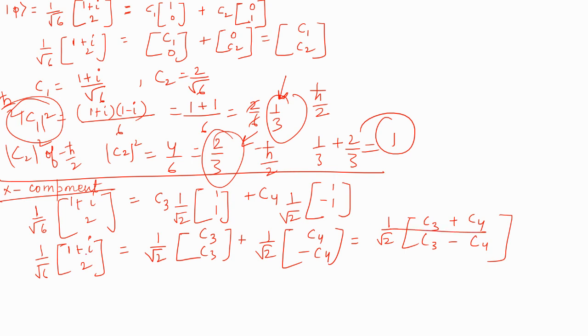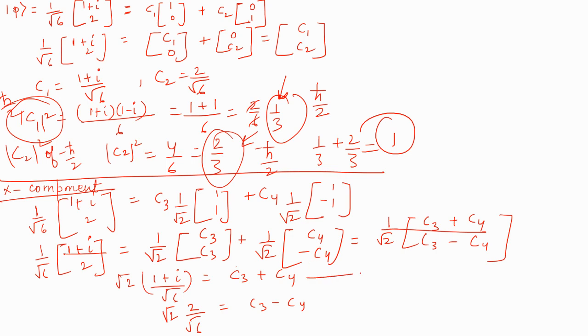Compare both sides of the matrix. So (1 plus iota) upon root 6 is equal to C3 plus C4. I'm taking this root 2 to this side. And one more thing, 2 upon root 6 is equal to C3 minus C4. I'm taking root 2 to this side.